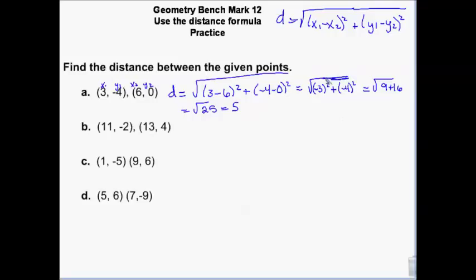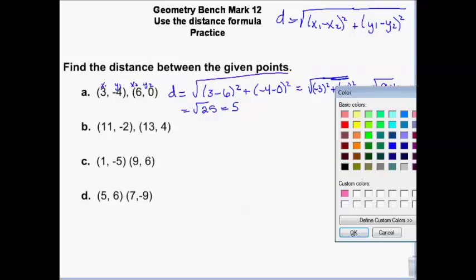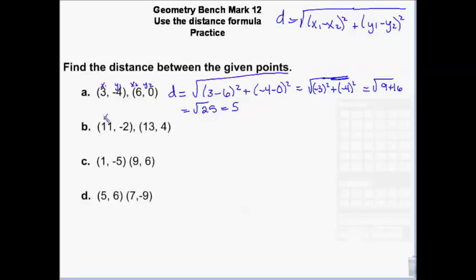Questions on that? Then we'll do the next one. X1, Y1, X2, Y2. So the distance is 11 minus 13 squared plus negative 2 minus 4 squared.